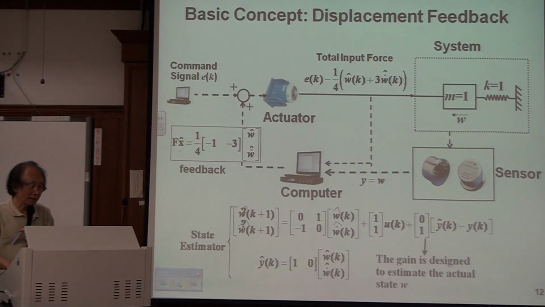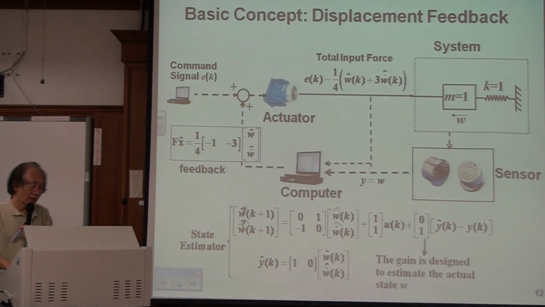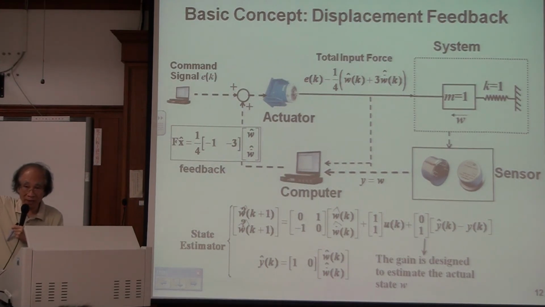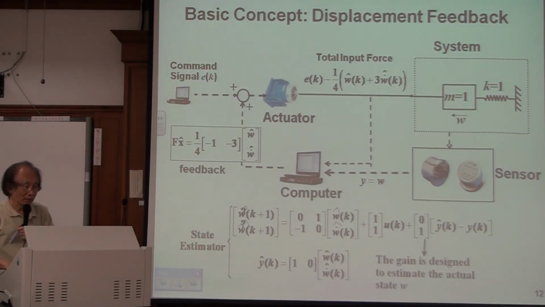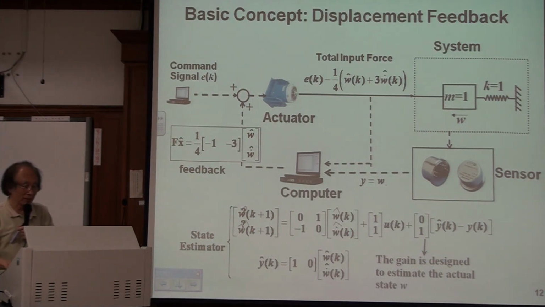Because in my feedback, I have only w measurement. Here I have w measurement. I have only displacement measurement, but for my feedback, the one we designed earlier, we need w dot hat, and we don't have a w dot measurement. So the only way is that the computer goes through this computation to estimate our w and w dot for us to feed back.